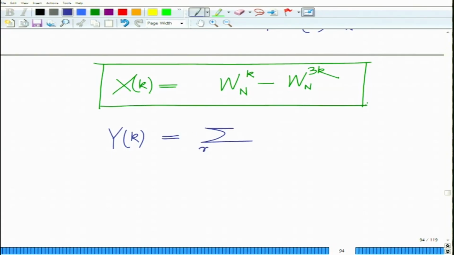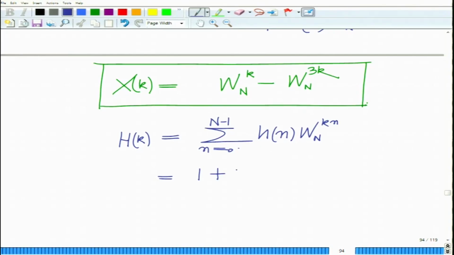And similarly now, H[k] equals summation n equals 0 to N minus 1 of h[n] W_N raised to the power kn, which is h[0] is 1, plus h[1] is 2 W_N raised to the power k, plus 4 W_N raised to the power 2k, plus 8 W_N raised to the power 3k.